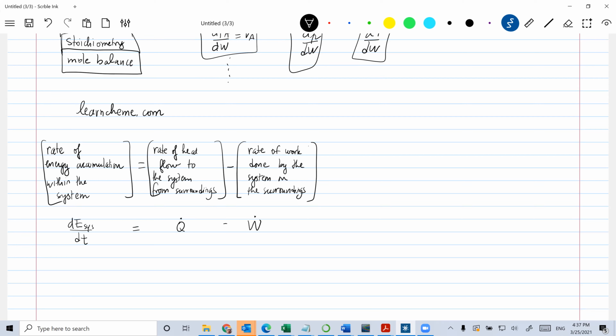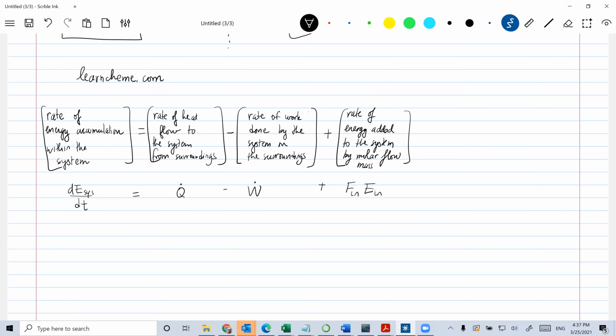This is your W. And then you have the rate of energy added to the system by mass or molar flow, which is flow in times energy in.